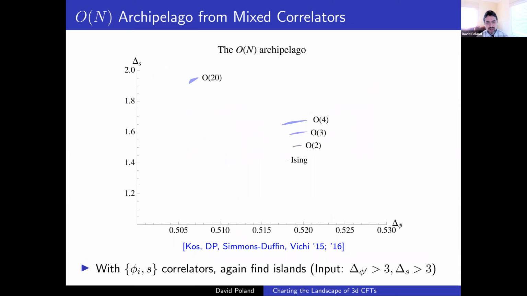If you then go further, you can turn these kinks into islands again by considering a system of mixed correlators. Here we looked at a system of 4-point functions containing the leading O(N) vector phi_i and the leading singlet S. In this larger system, you can input that phi and S are the only relevant operators in their respective symmetry representations.